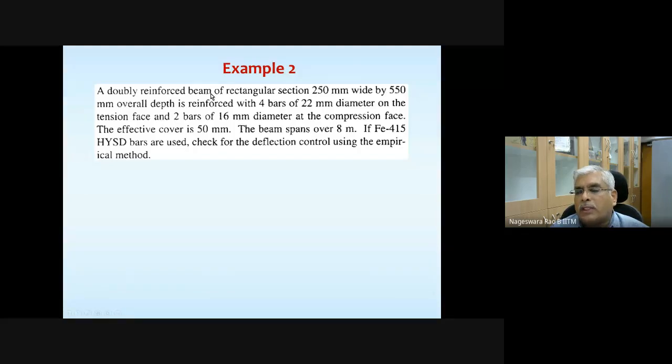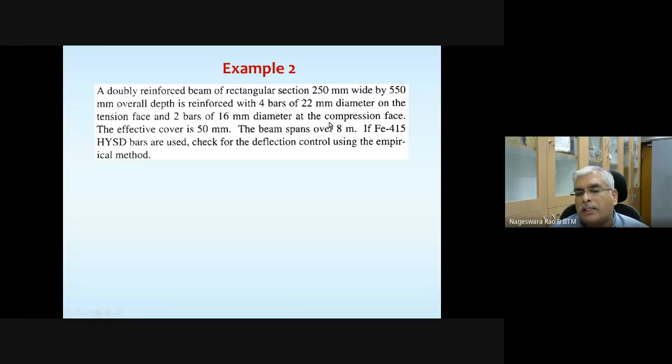Doubly reinforced rectangular beam section, 250 by 550 overall depth, is reinforced with 4 bars of 22 mm diameter on the tension face and 2 bars of 16 mm diameter on the compression face.